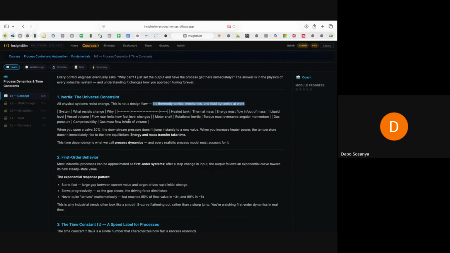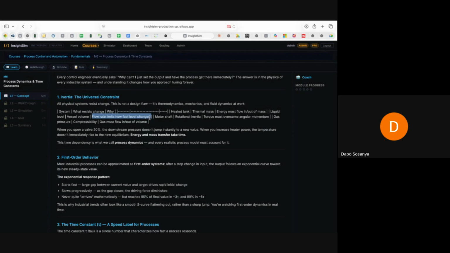This table is not rendered rightly. Apologies for that. But so you have a heated tank, the thermal mass, and energy must flow in and out of that mass. You have liquid level, vessel volume, then flow rate limits how fast the level changes.